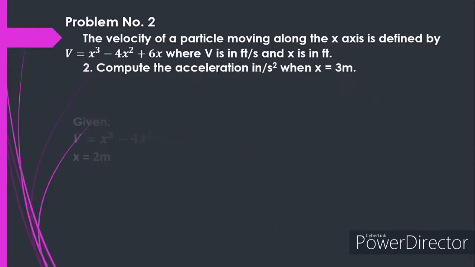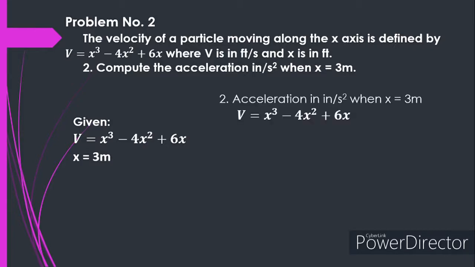Alright, for question number 2, compute the acceleration in inches per square second when x is equals to 3 meters. Given, x daw natin ay 3 meters. So, v is equals to x cubed minus 4x squared plus 6x.